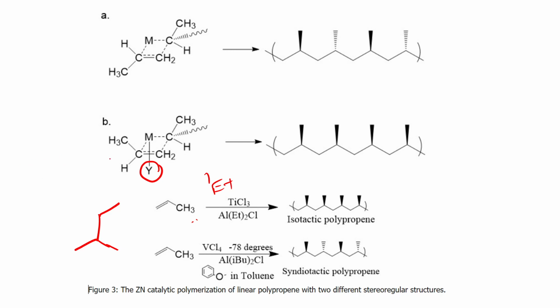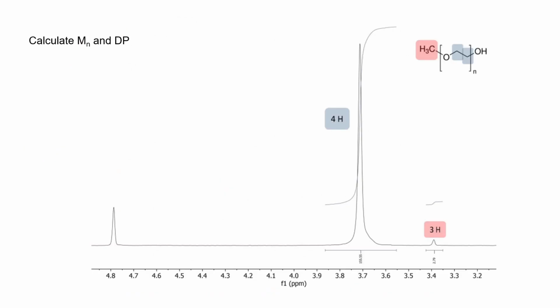And for this kind of case, methyl-methyl interaction predominates compared to the methyl-ethyl interaction. So that's the way to decide between this kind of selectivity, whether it should be isotactic or syndiotactic. So comparing this particular ligand, you can decide which pathway you should choose.